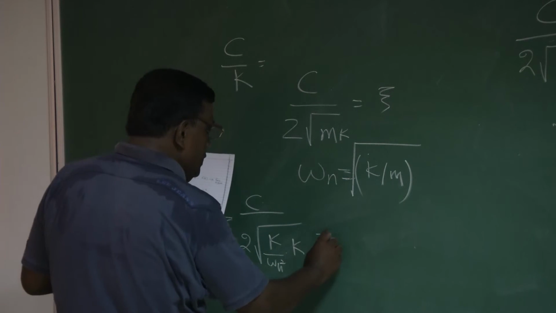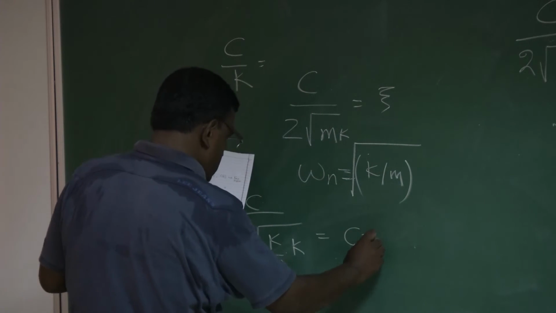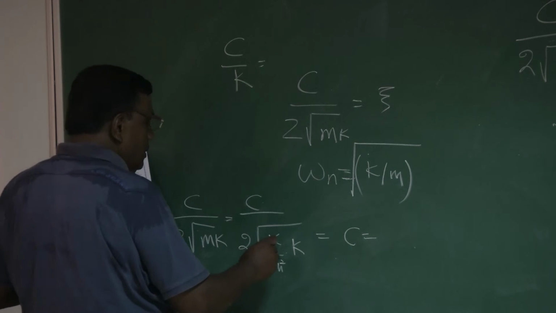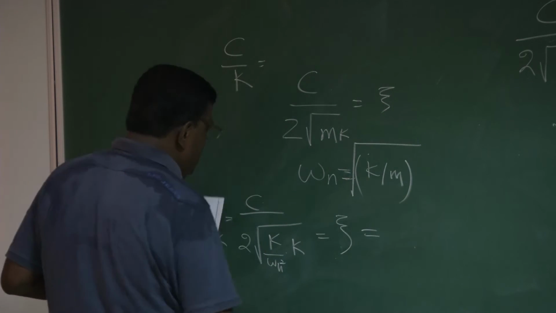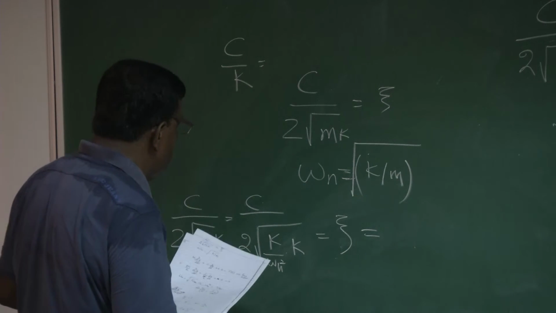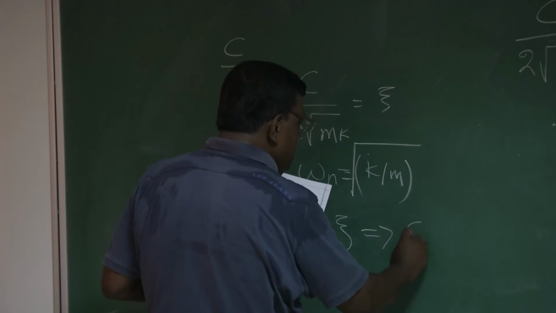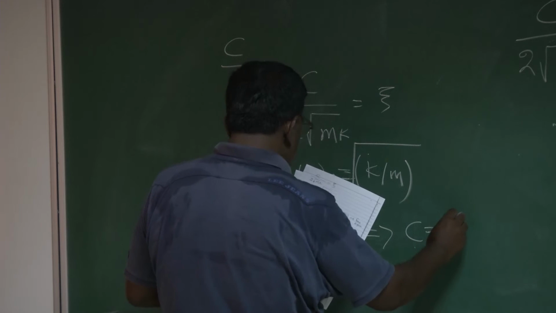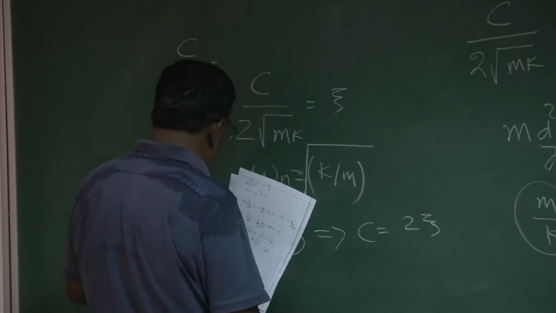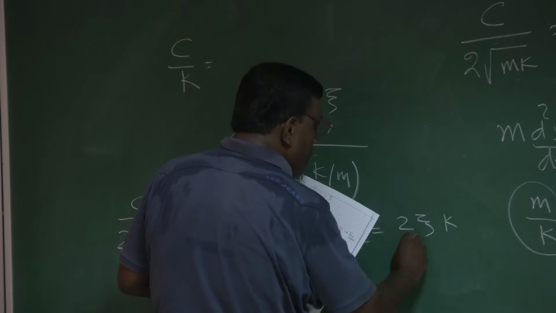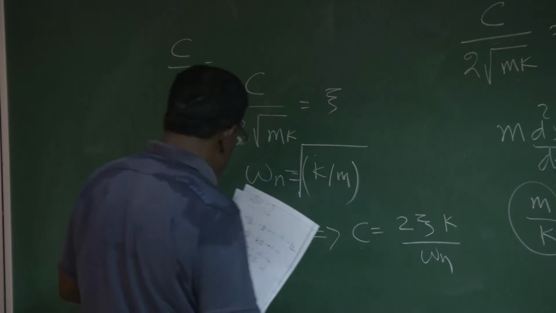So this implies c is equal to, this is nothing but zeta by definition. So if I manipulate this, I get c is equal to 2 zeta k by omega n.